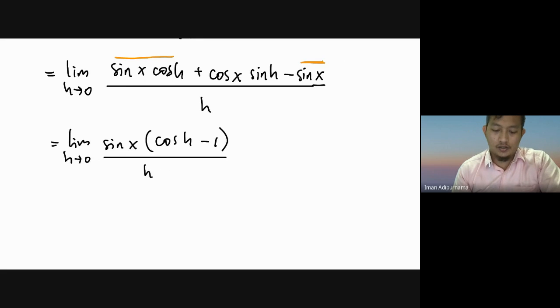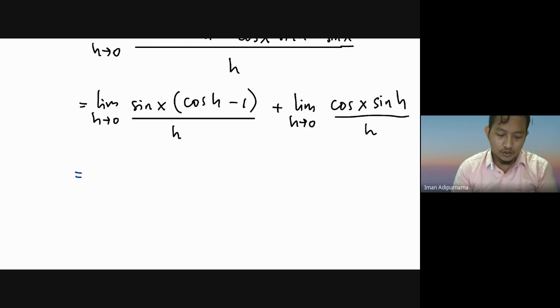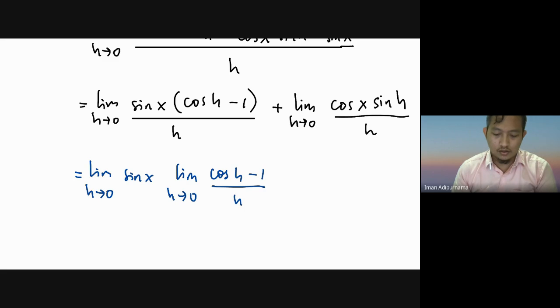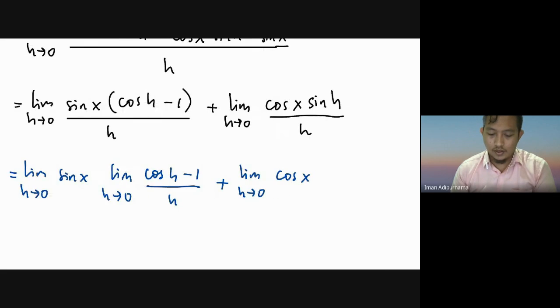And then the second grouping is cos x times sine h divided by h. Then if you still remember, we can write this one by one. So this is sine x and then limit, and plus, and limit.